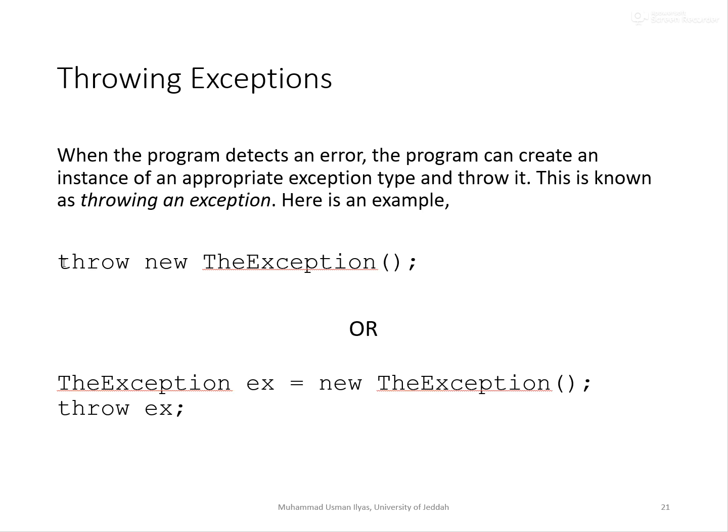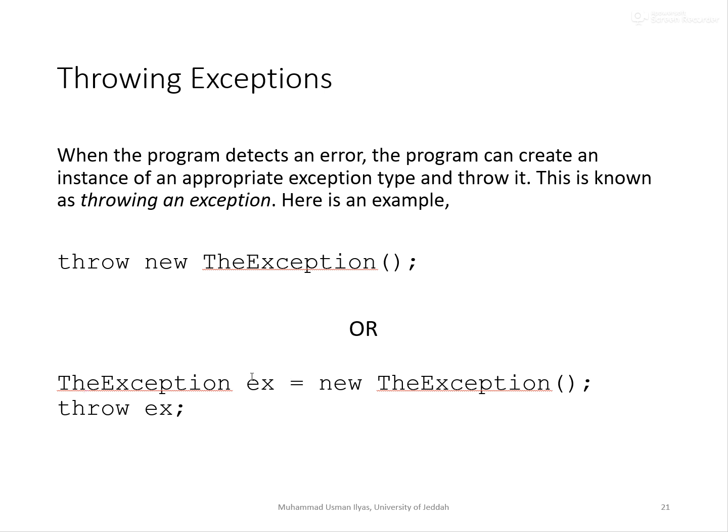So far we've seen the way to throw an exception is using the throw keyword, throw new whatever the exception type is. So we're basically creating a new exception object over here. Just like for objects, you can do this in 2 steps.